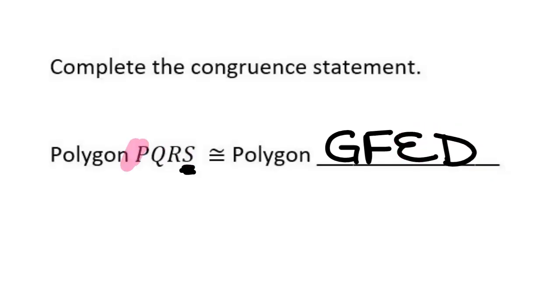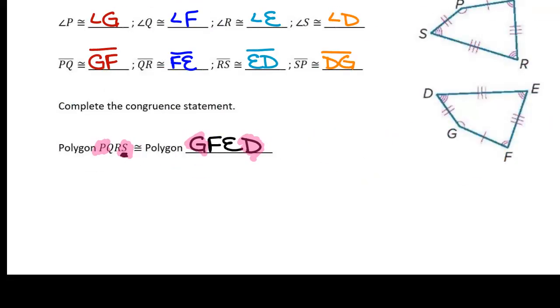And then we do first and last. PS would be my first and last letters here. There's PS, even though it's in a backwards order, it's still the same 2 letters. And first and last, I have GD. Here's GD, same 2 letters. Order does not matter. So far, so good? All right.